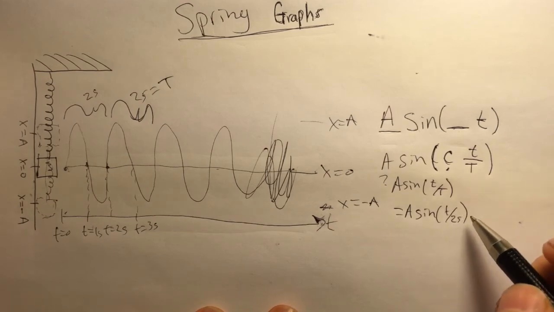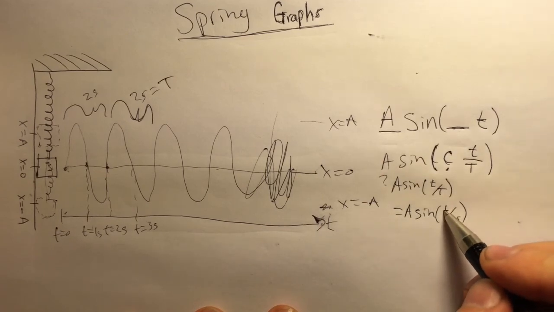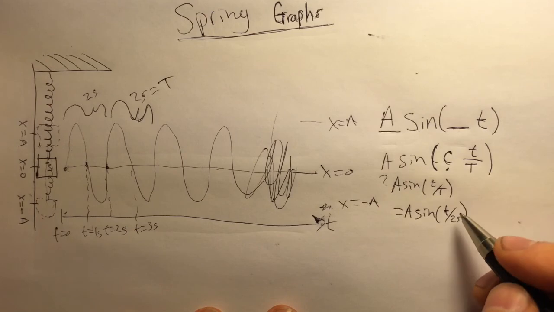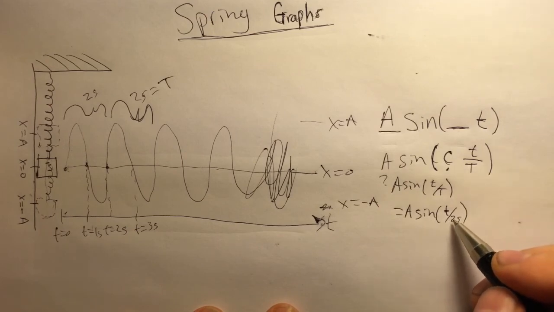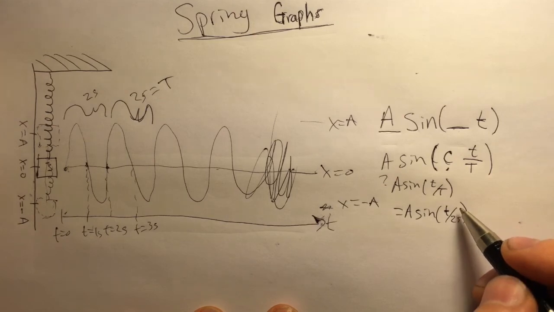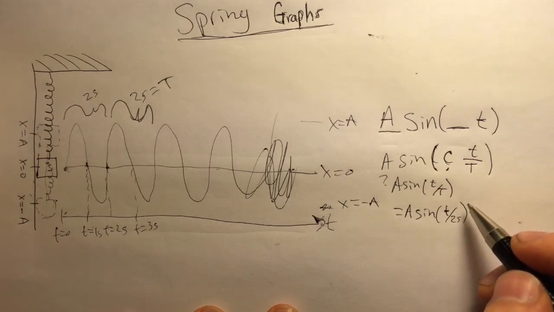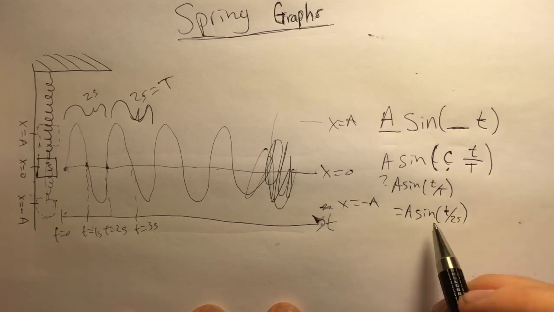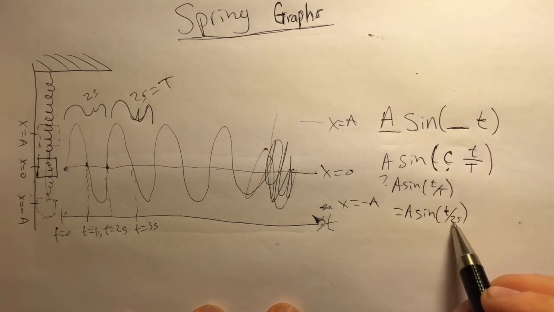So what's sine of a half? Well, sine of a half is definitely not 0, because sine is only 0 at 0, pi, 2 pi, 3 pi, 4 pi, and whenever you have something times pi in there. And so that doesn't equal pi.